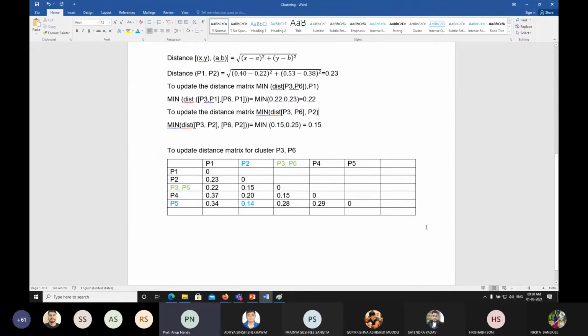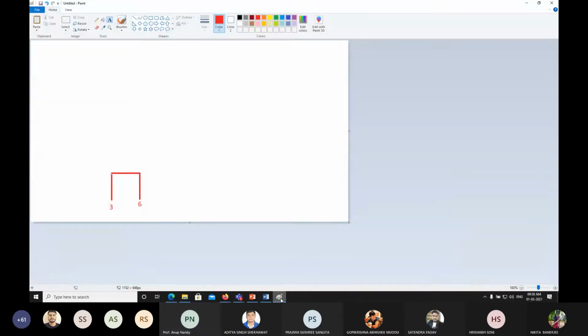P2 and P5. Now again to update the distance matrix. Okay, now here P2 and P5 that you have already computed. Now you go to the dendrogram here.